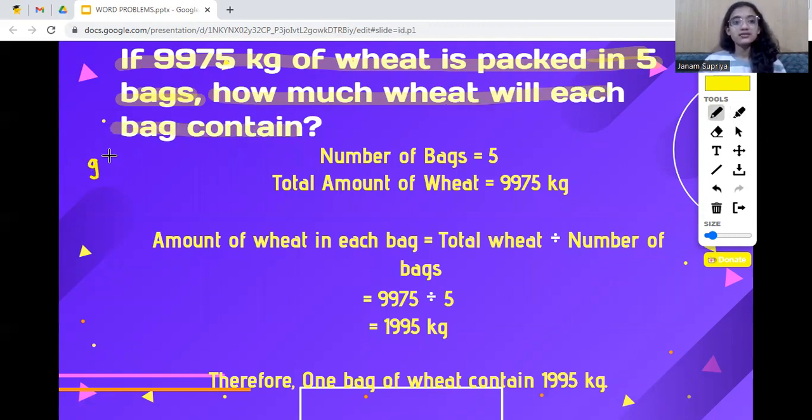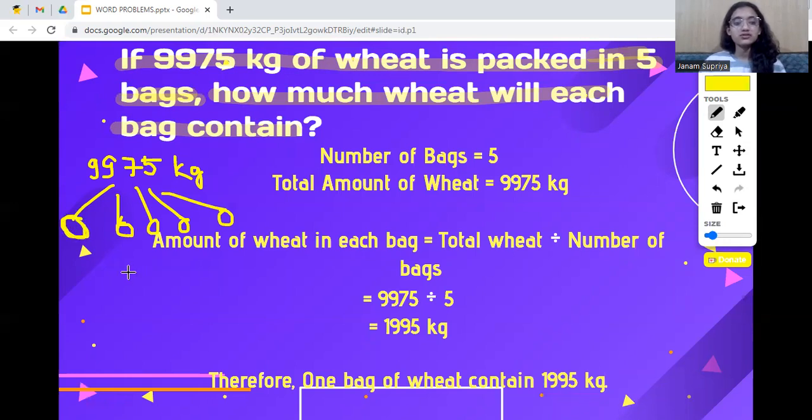Now 9,975 kg of wheat has to be divided into 5 different bags, right? So we know the number of parts, we just don't know the amount. So here also the same case, 9,975 will get divided by 5.